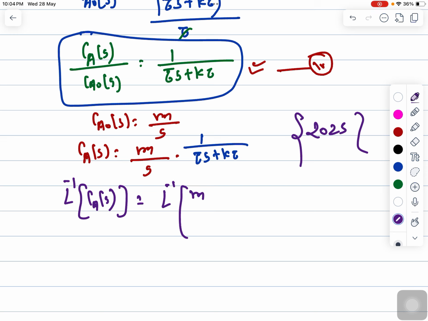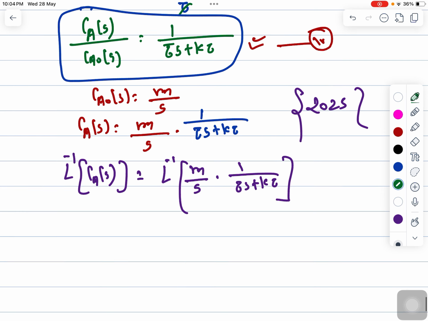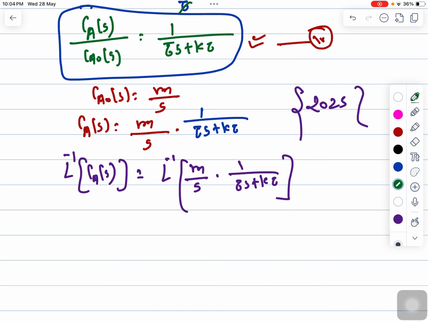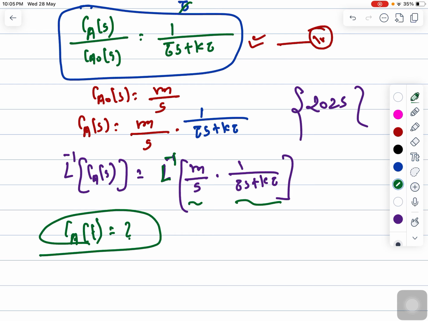So I'll take the Laplace inverse of m by s times 1 by (tau s plus K tau). In my previous lecture I taught how to take the Laplace inverse. In this form you can take partial fractions, the way we did for integration in class 12. Once you have calculated the values of the constants, you can calculate the concentration of A at any particular time. This is how it works.